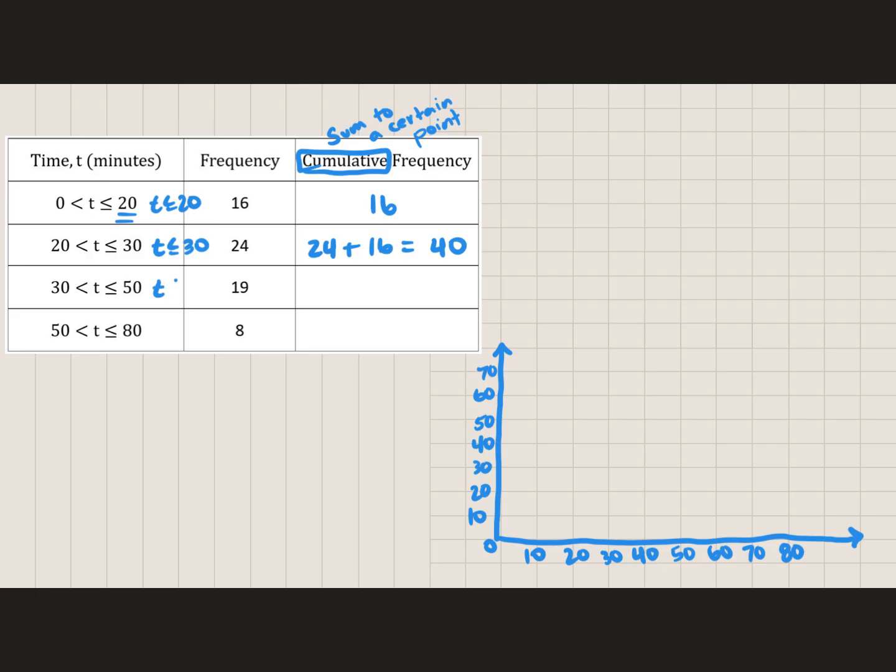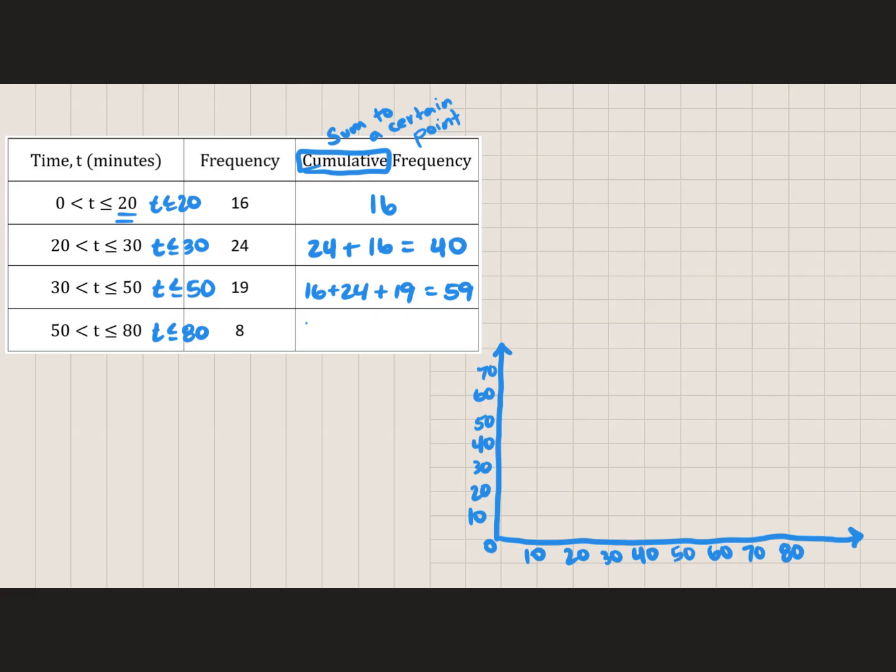Same thing with our next interval, everything less than 50. Well, that would include our previous two intervals, the 16 and the 24, plus the 19 new values that fall between 30 and 50, which will give us 59 total data points. And with our last one, everything less than 80, well, that's going to include everything from our previous three plus our eight new.